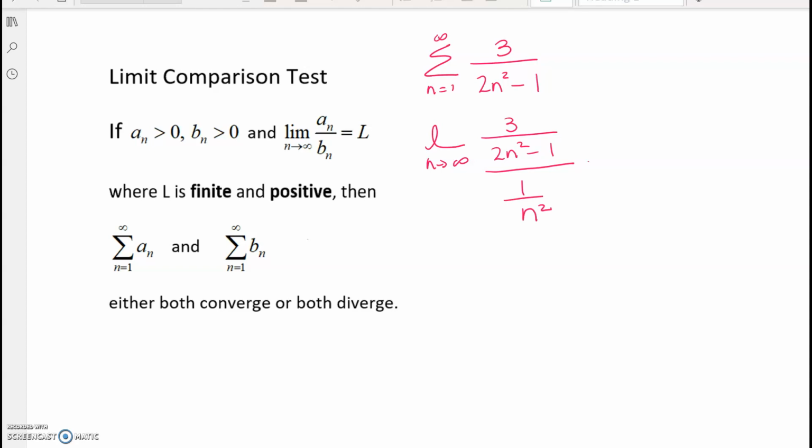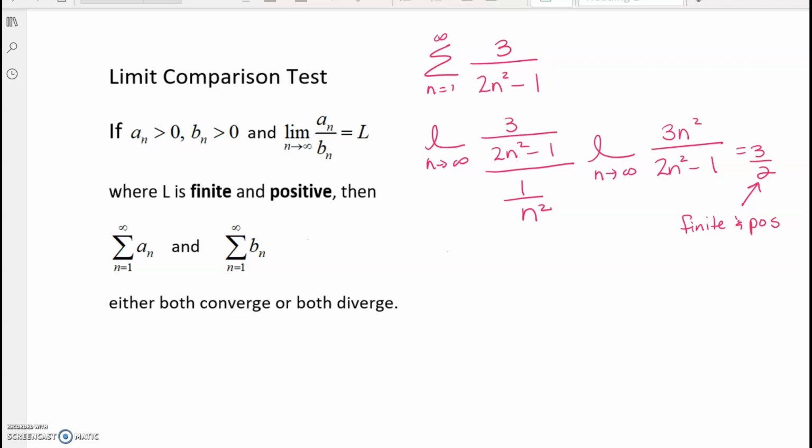When you flip that and do your bottom-over-top and L'Hopital, that's kind of what you're looking for here, is to get something where you have equal power, and that limit equals 3/2. And I think it's safe to say that 3/2 is finite, certainly not infinite, and it's positive.